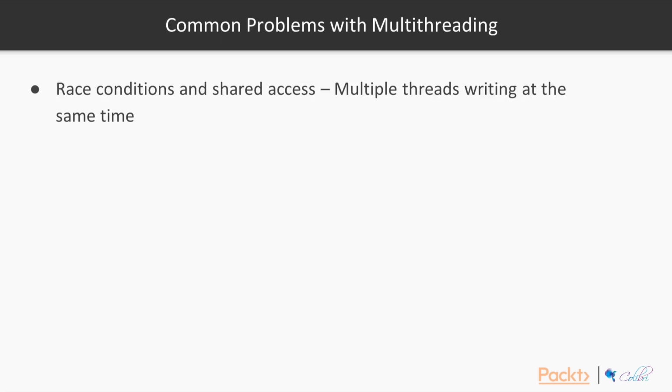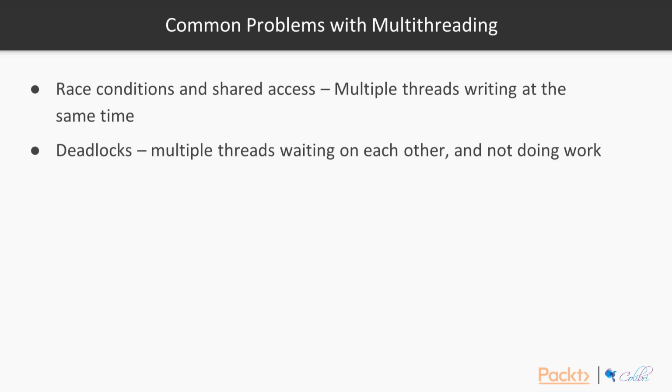Finally, for this video, it's worth mentioning some of the common problems that can arise from improper use of multithreading. One common issue has to do with two different threads accessing a variable at the same time. There is a risk of both updating the value of that variable in an undetermined order, therefore yielding a non-deterministic result.